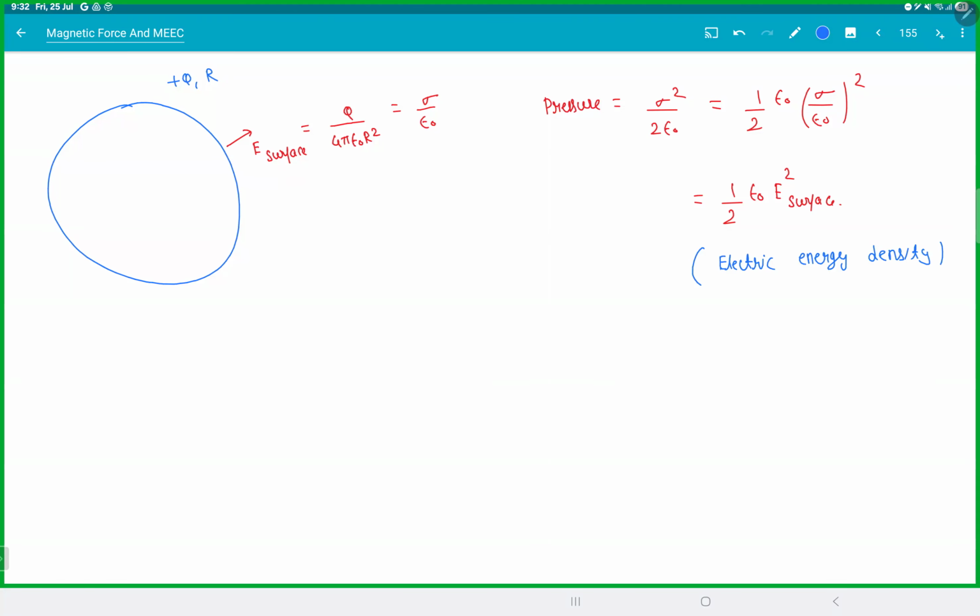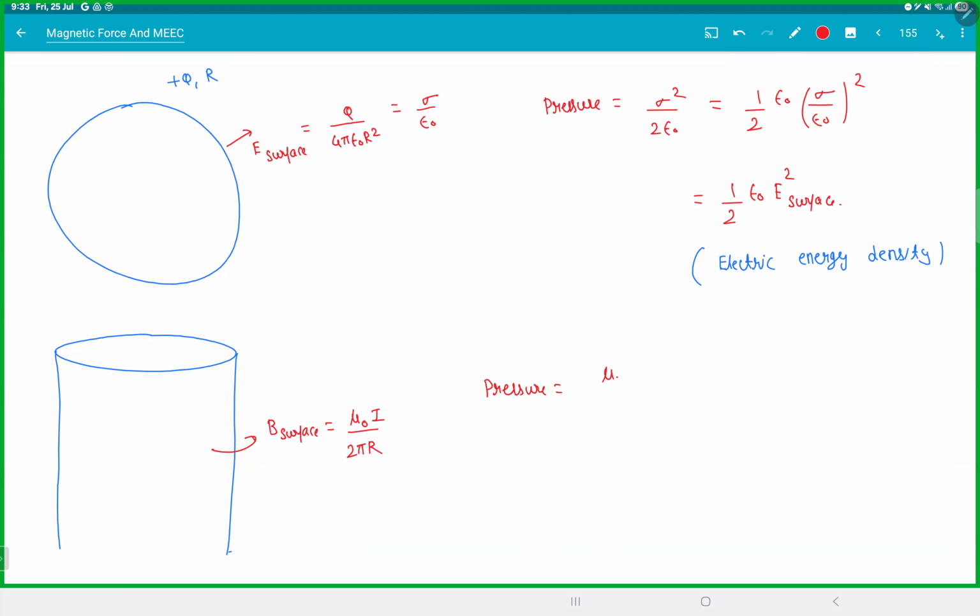Getting it? Now the same story I can do here also. So B on the surface is mu naught I by 2 pi r. Here the pressure formula will be mu naught I square by 8 pi square r square.